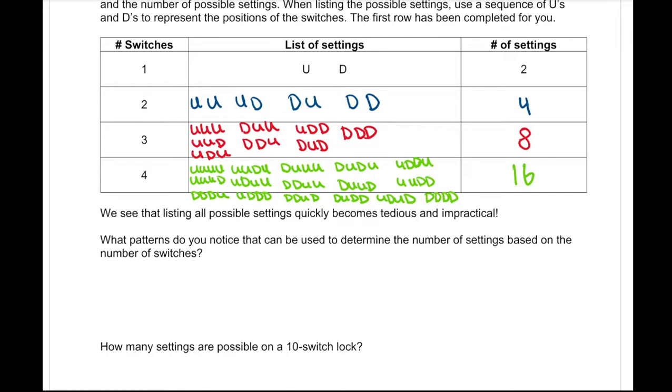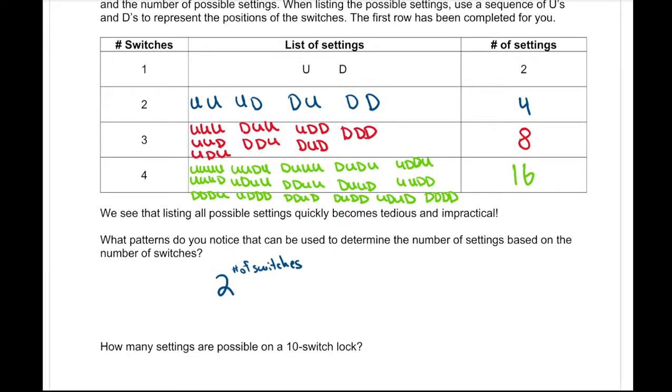There is a pattern here, and the pattern is 2 to the power of the number of switches.